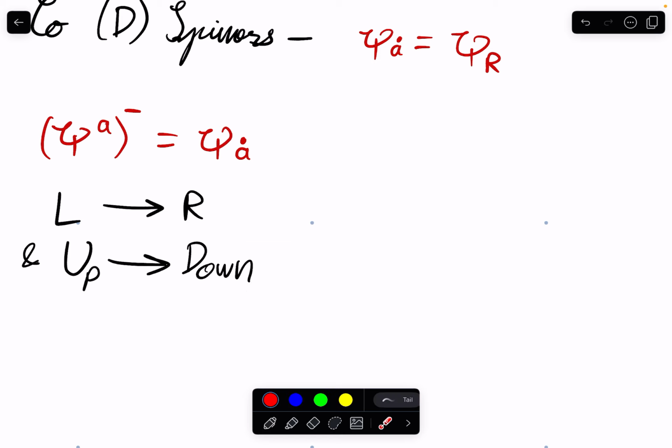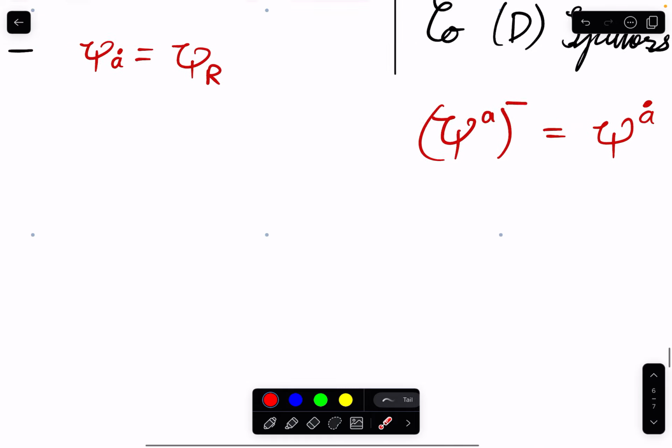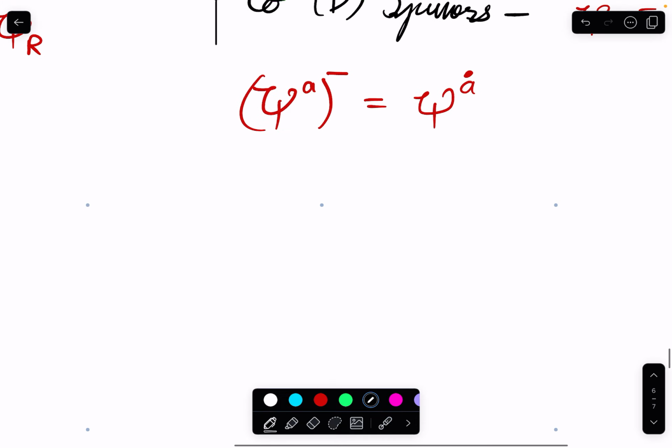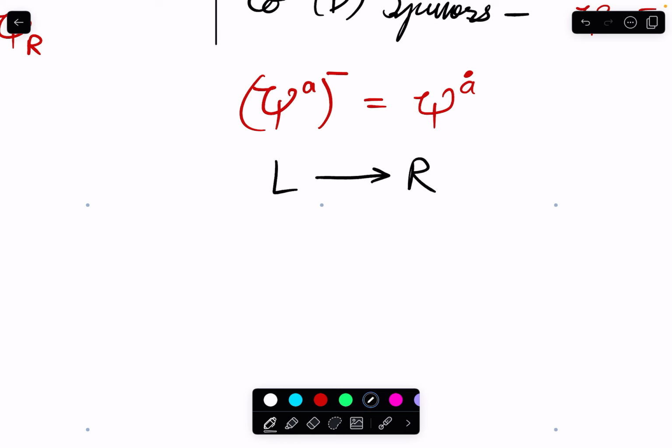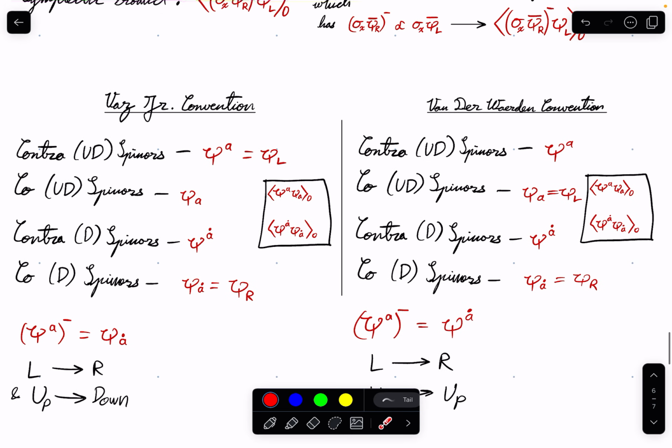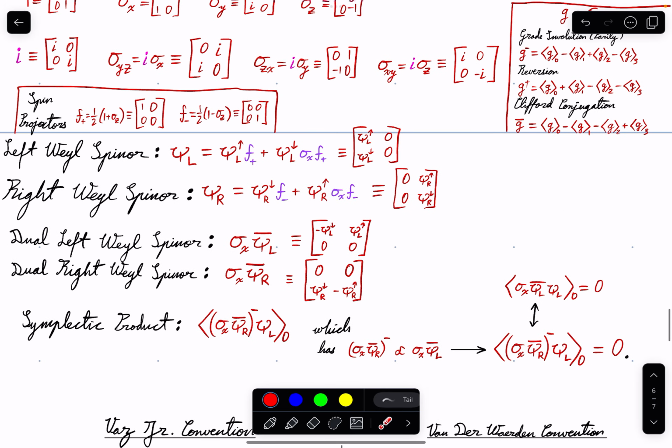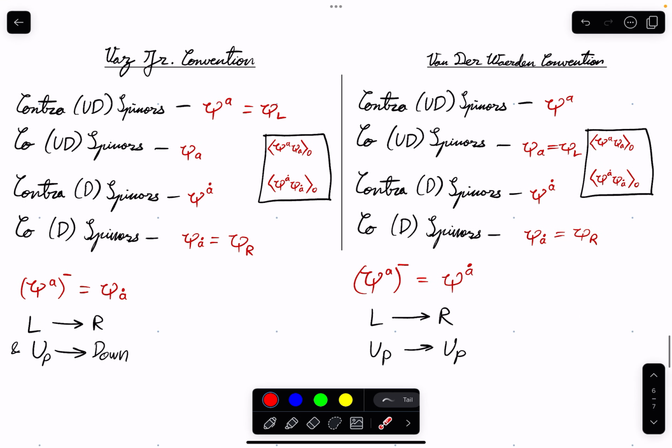In the other one it goes left spinor to right spinor, and up stays up; likewise, down stays down. Mathematically, both of these conventions deal with the same mechanisms, but they use different index conventions.